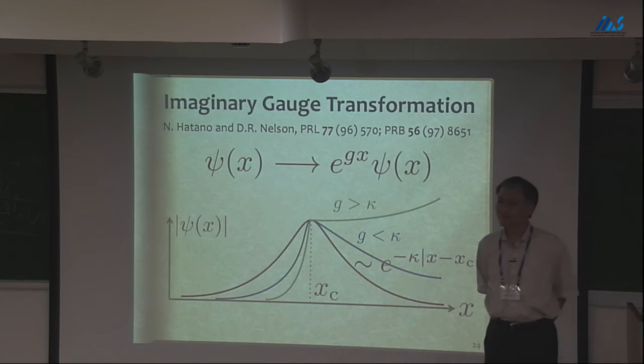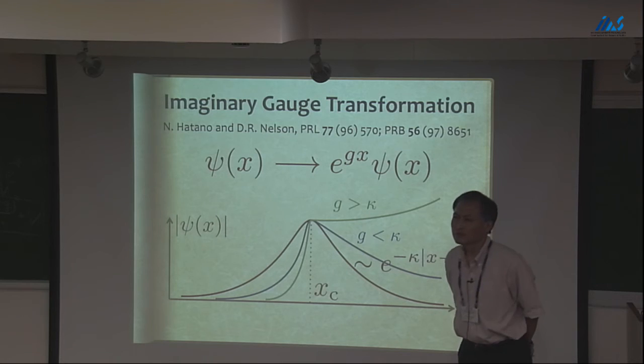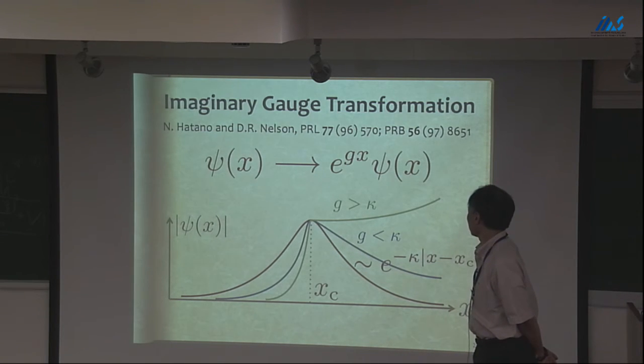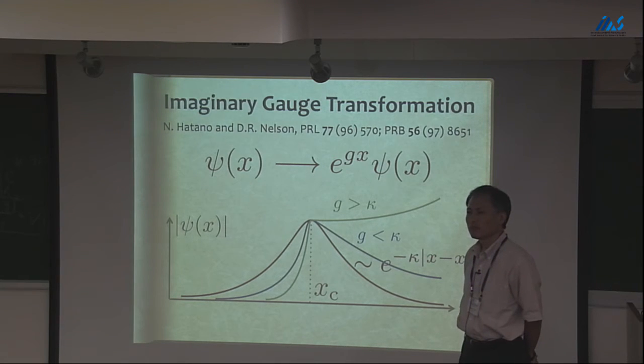Short question. When G is small enough, there's a mismatch. It's exponentially small, but there's still a mismatch. When you go to the periodic boundary condition, are you discarding some good solutions away?